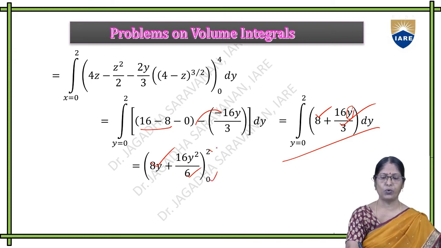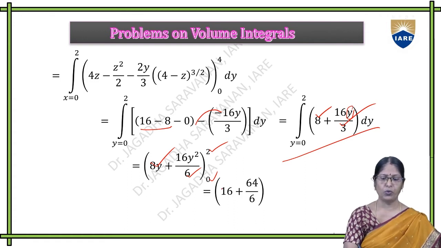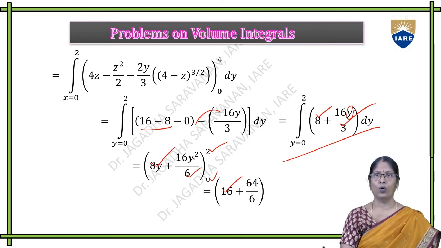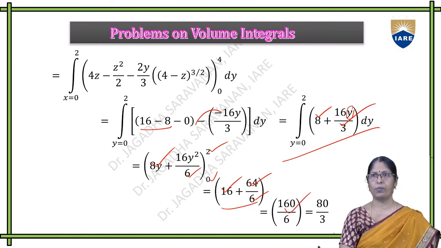So from 0 to 2. We substituted the upper limit in the place of y, 8 into 2, 16, and 16 into 4, 64 by 3. So taking LCM, we obtained 160 by 6, in the lowest fraction form, 80 by 3.